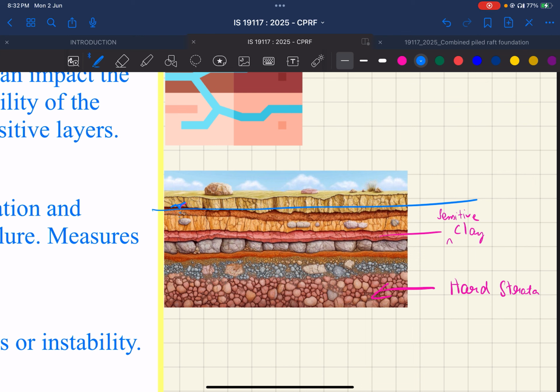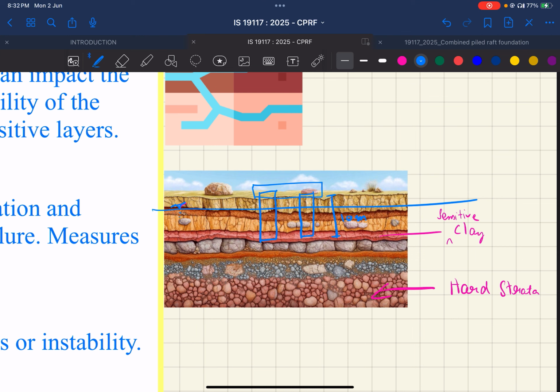So what happens if, due to improper geotechnical investigation, some people place the pile for 10 meter? Assume this is going to be 10 meter where I'm going to construct my combined piled raft foundation, and the pile is getting rested over the sensitive clay.